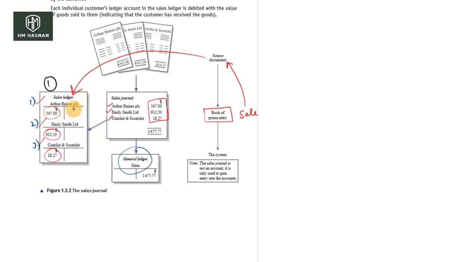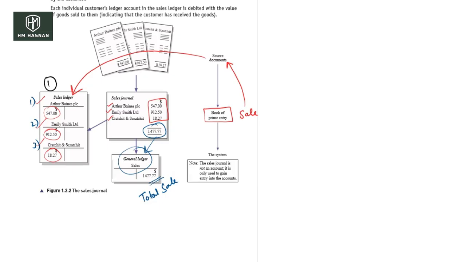Again, I am repeating, in the sales ledger we will record the individual sales of every customer, then we will total all the customers' details, and that total will be recorded in the general sales ledger. So in the general sales ledger we will record the total sales.